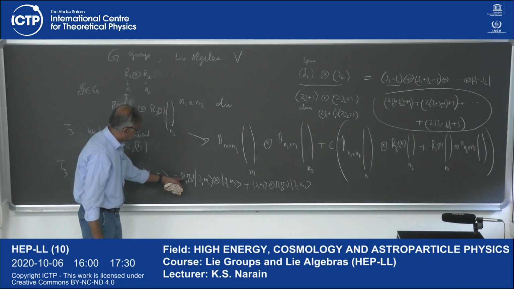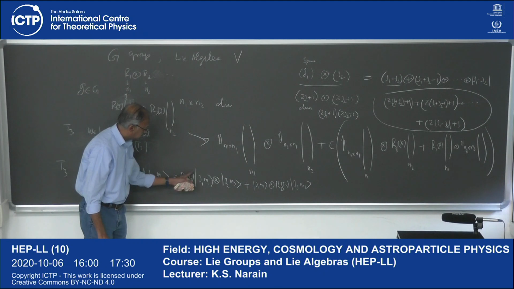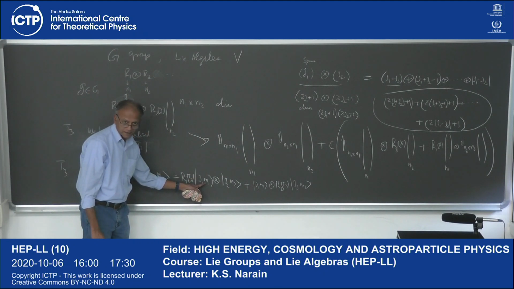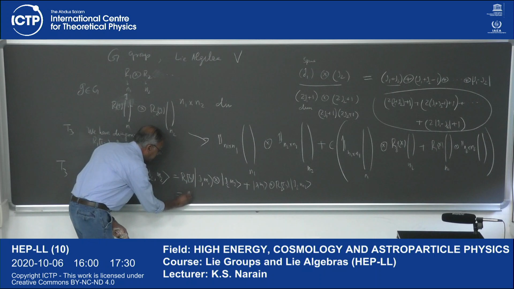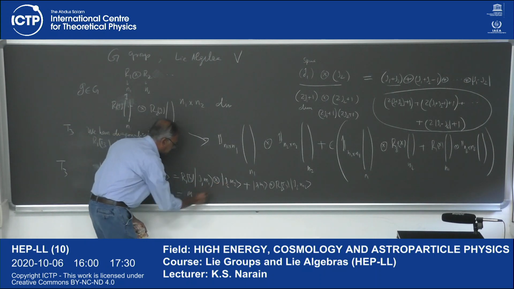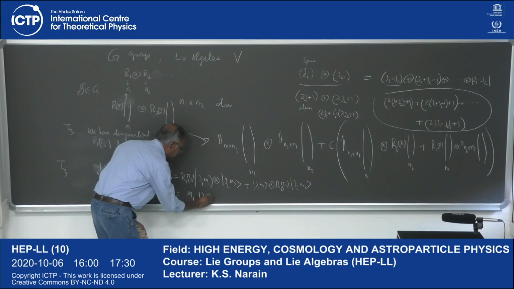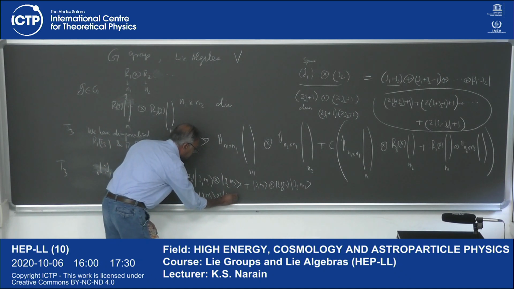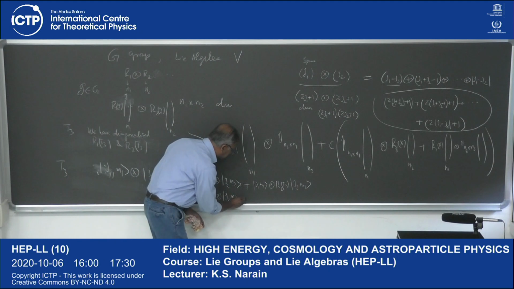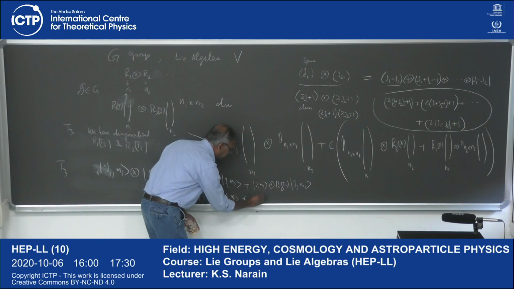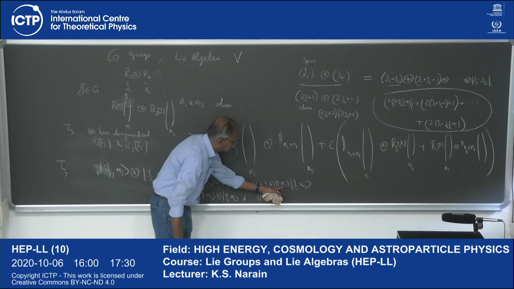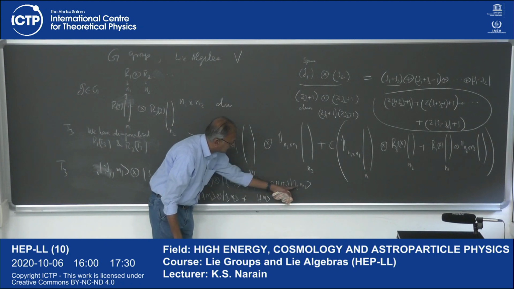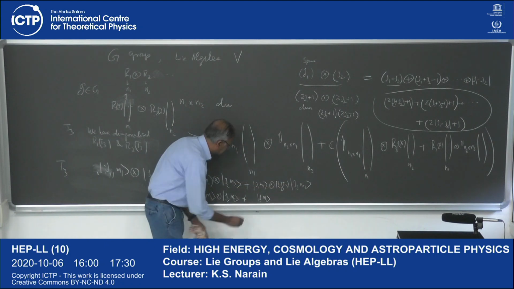Now by definition, the eigenvalue of T3 for this state is M1. So this is simply M1 times the same state. And here, nothing happens, so this is the same. But when R2 T3 acts on there, its eigenvalue is exactly M2, right?